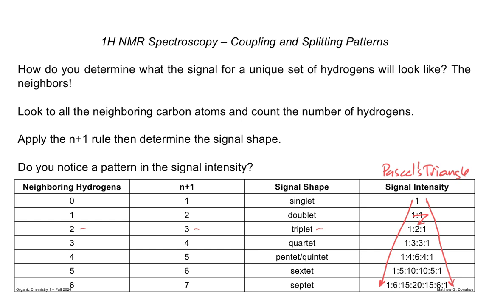So with 3 neighbors, 3 plus 1 is 4, that's called a quartet. Again, the 1s are on the outside. The 3 here comes from 1 plus 2, and 2 plus 1 gives you 3, and then you end with 1. That tells you the intensity of the lines in the quartet.